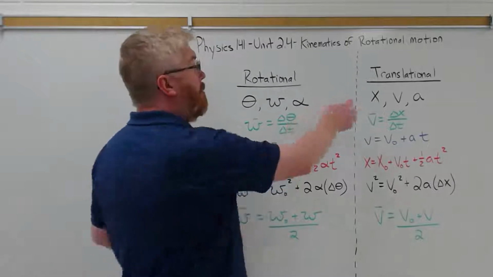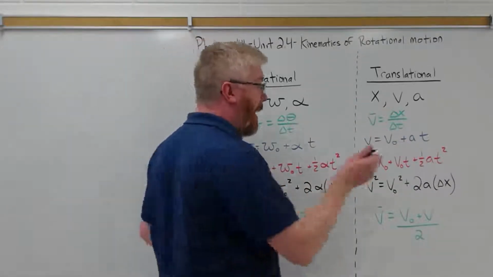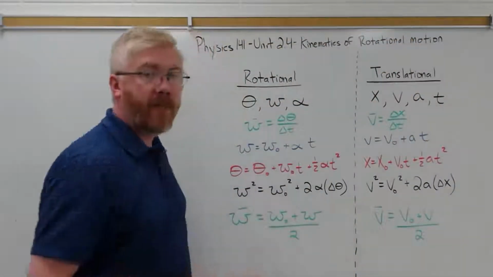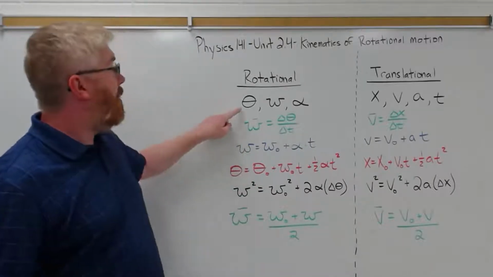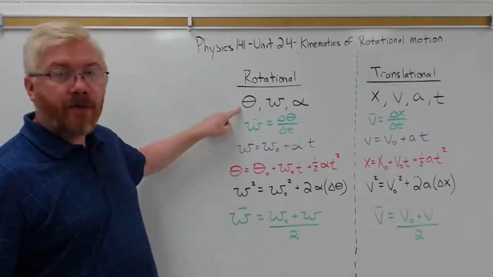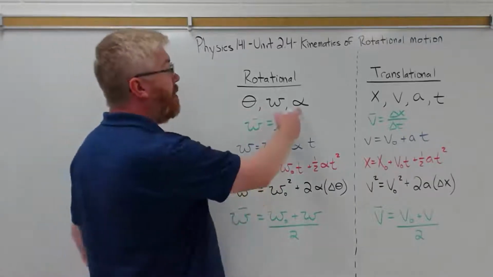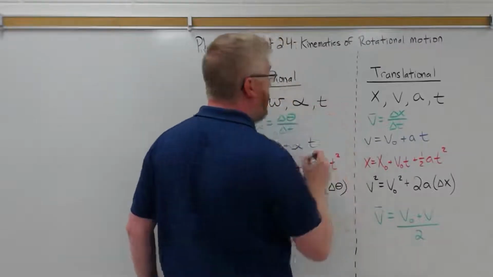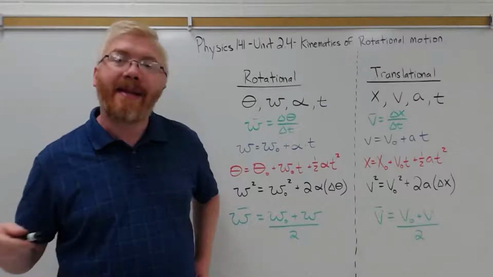We had position x, velocity v, acceleration a, and technically we also had time t. Rotational motion has analogs to these: angular position, theta, angular velocity, omega, angular acceleration, alpha, and still just plain old time. Time doesn't have an angular component.